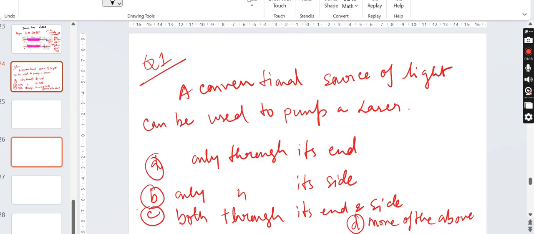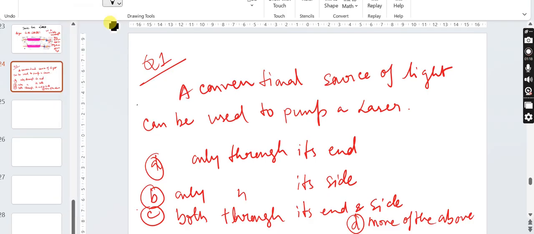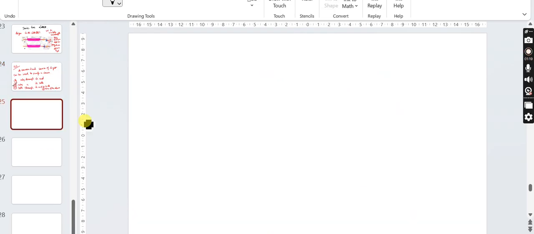The light rays can go here and there, and for pumping there needs to be a collision between the photons and the atom. So the maximum chance of having that collision is when it's only through its side.